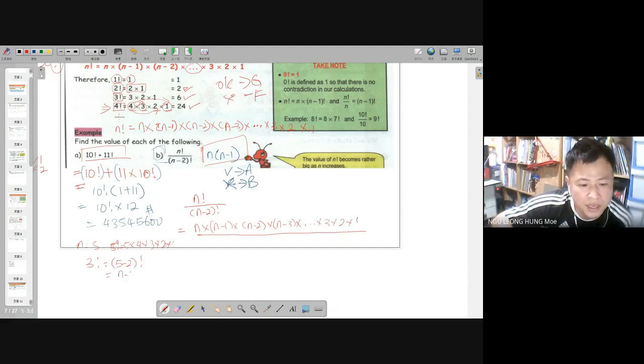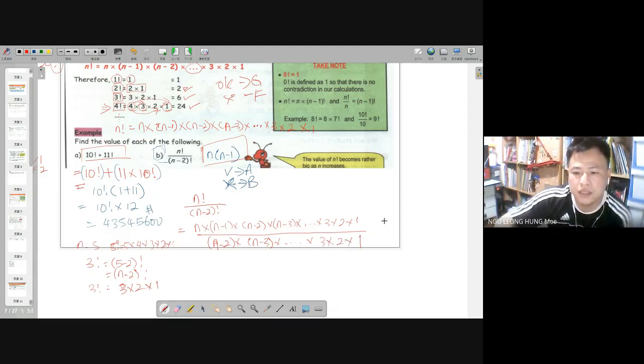So this one will be n minus 2. 3 factorial means 3 times 2 times 1. So of course n minus 2 factorial will become n minus 2, start with this one, then n minus 3, and so on until 3, 2, 1.